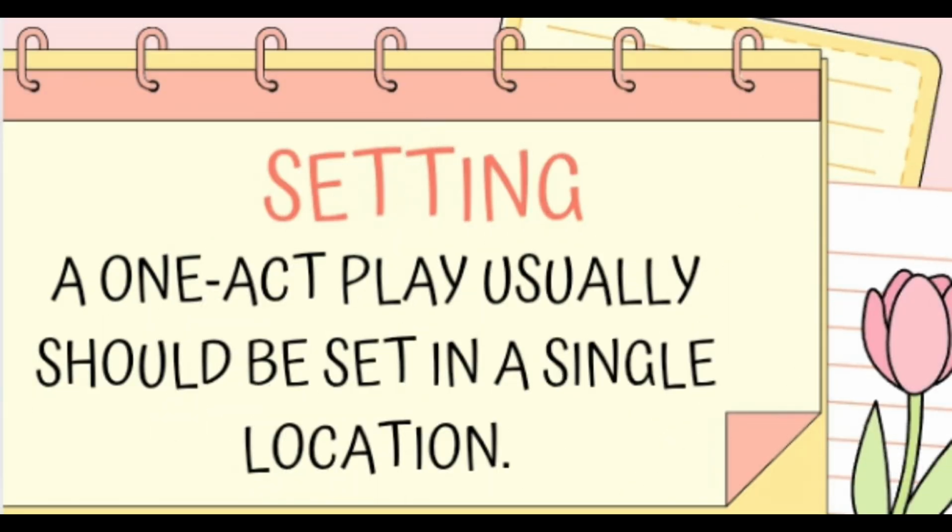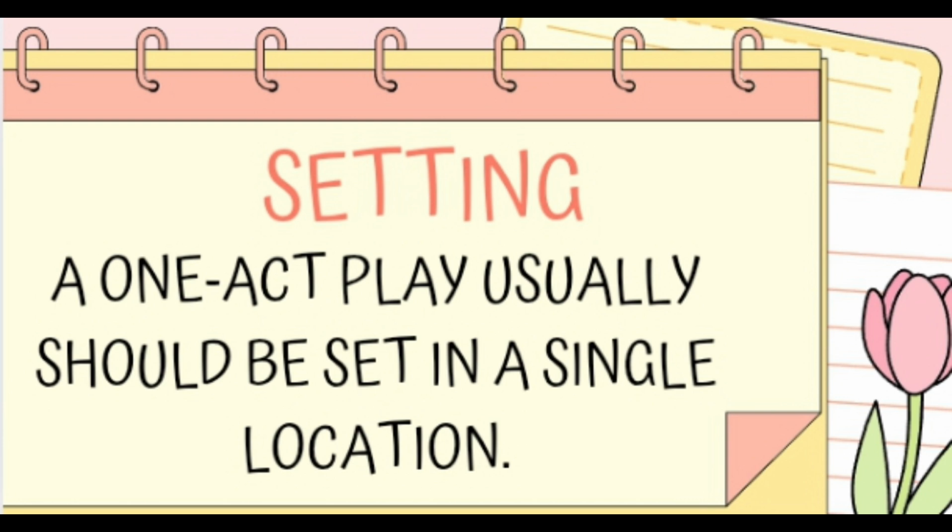The fourth is setting. A one-act play should usually be set in a single location. So, in one-act play class, setting refers to where and when the action of a play takes place. In one act play, the setting is usually limited to a single location.